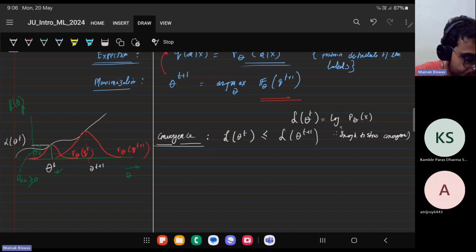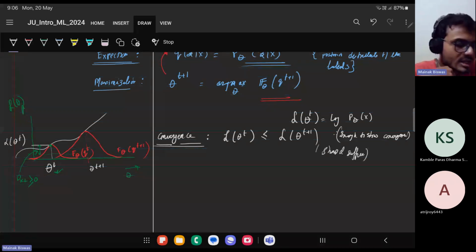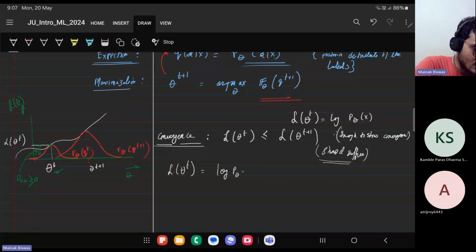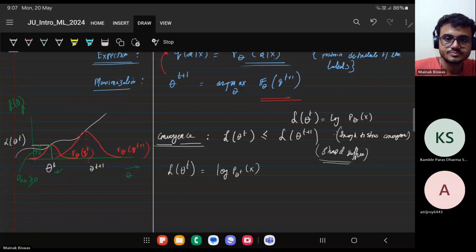How do I then show that? This is called strictly non-decreasing. What is L theta t? This is f theta of, let me write it down, log p theta t of x, right? This is what it is. Correct?